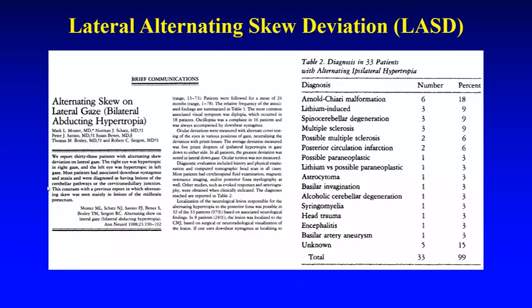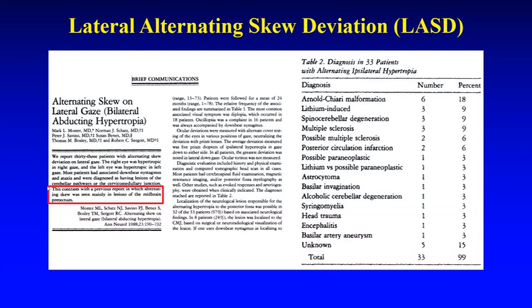So this is an important article. Previously, it was thought that lateral alternating skew deviation was mainly because of lesions of the midbrain pretectum.